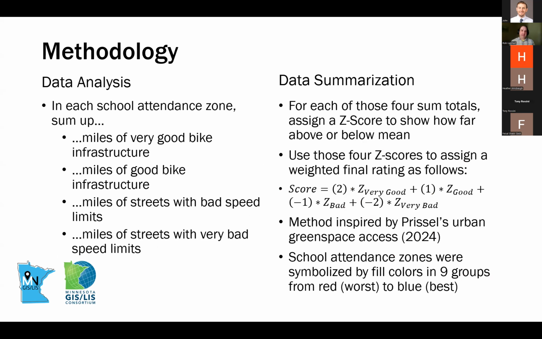The purple, very good bike infrastructure, the blue, good bike infrastructure, the yellow, bad speed streets, and the orange and red, very bad speed streets. I knew I wanted to be able to take these values and amalgamate them into a final rating. However, not all miles are created equal. Is it good to just add up miles of good stuff and miles of very good stuff? Are they apples to apples or are they not?